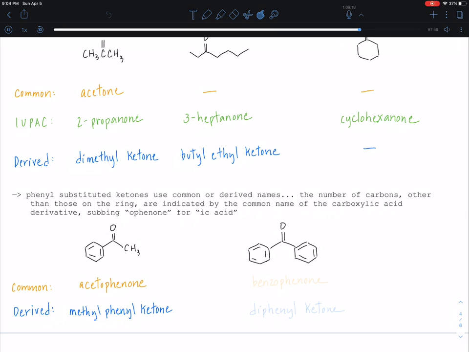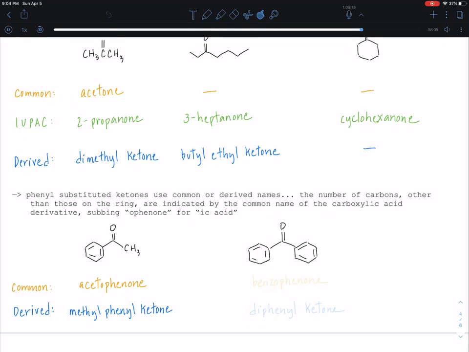For the second example, the common nomenclature, this would be named after the common name for the carboxylic acid. So imagine that instead of one of those phenyl groups, we had an OH. So if you have a phenyl substituent, right, and it's going to be bearing the carboxylic acid functionality, right, so we just have a benzene ring with a carboxylic acid on it, nothing else.